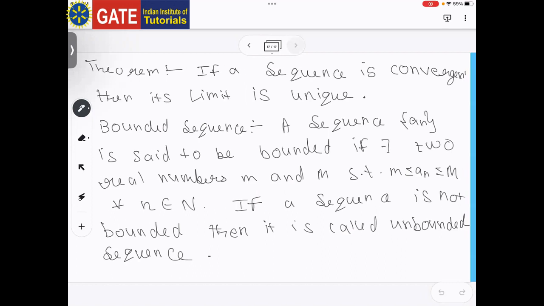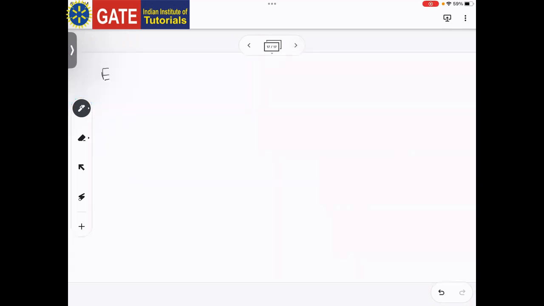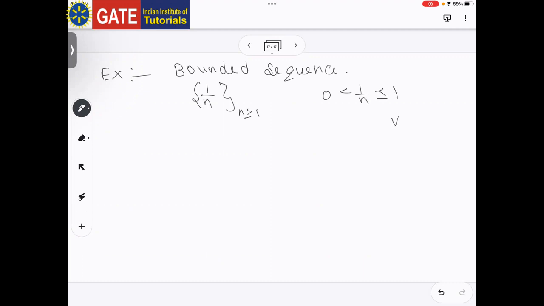So let's see the examples. Muskan, can you tell me an example of a bounded and unbounded sequence? Sir, unbounded sequence are the natural numbers. Yeah. And bounded? Bounded, 1 by n. So 0 is less than 1 by n is less than or equal to 1 for all n greater than or equal to 1.